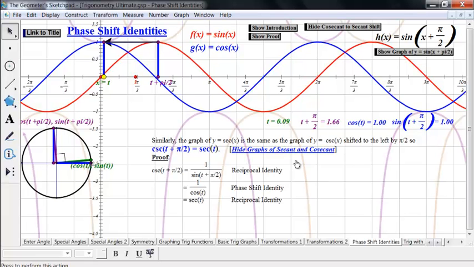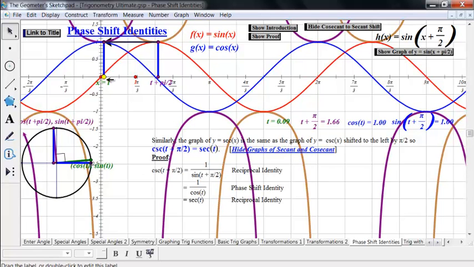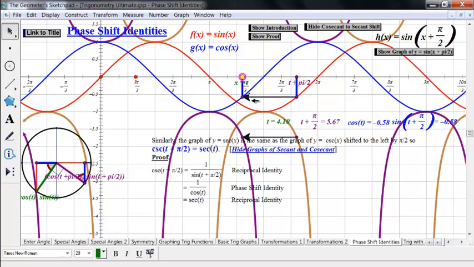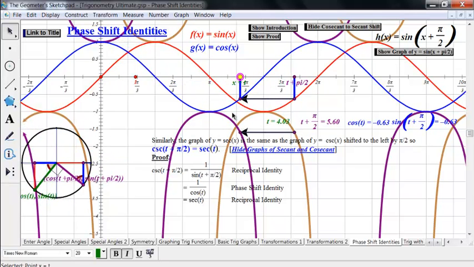Again, we use two reciprocal identities, and then the phase shift identity that we just proved. And so when I graph these, just as we saw with sine and cosine, the secant and cosecant are going to shift. The brown one is y equals cosecant of x, the reciprocal of sine of x, and the purple one is y equals secant of x, the reciprocal of cosine of x.